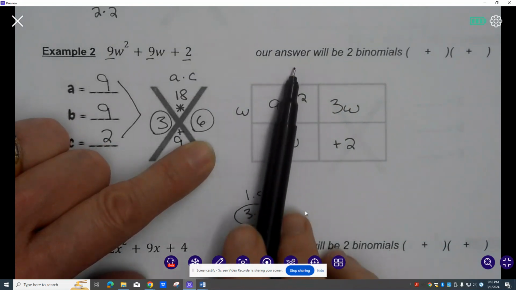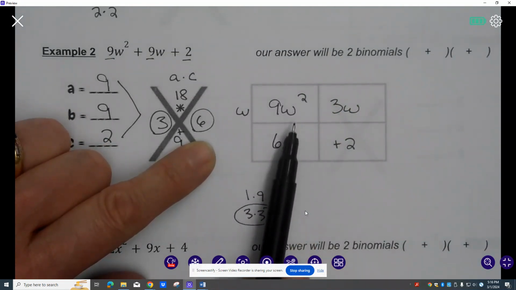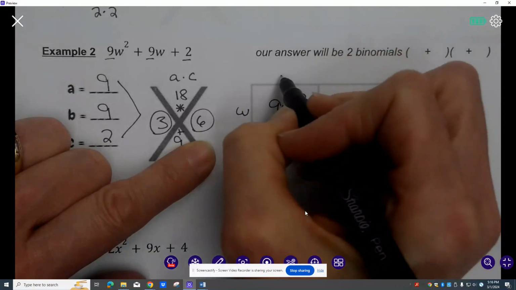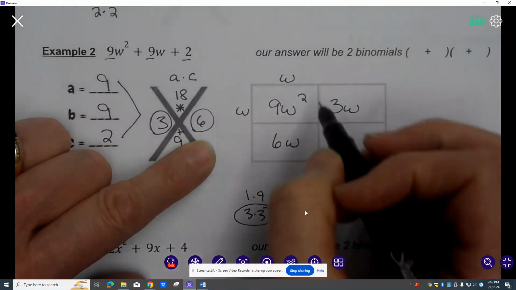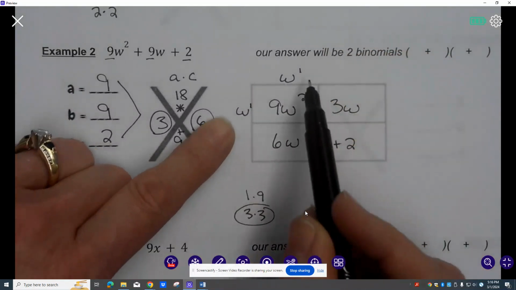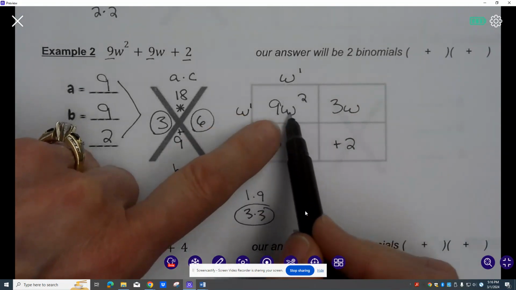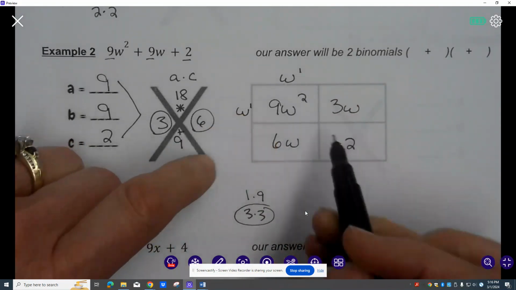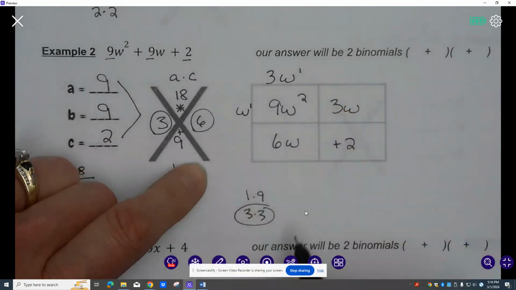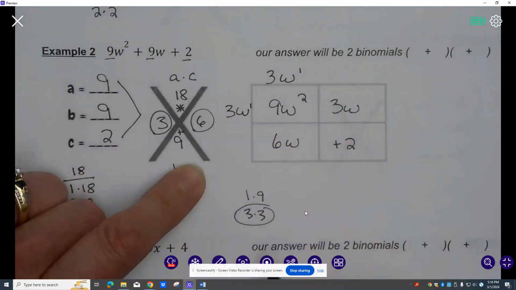And if you look down this column, if both of these boxes have a W, then I will have a W there. So that is going to get me W to the first times W to the first gets me my W to the second. And 3 times 3 gets me my 9.